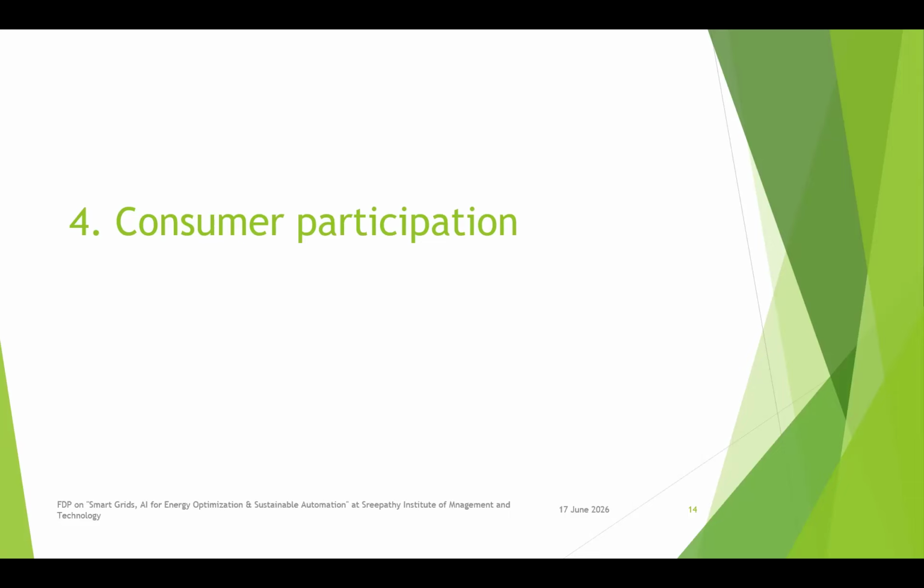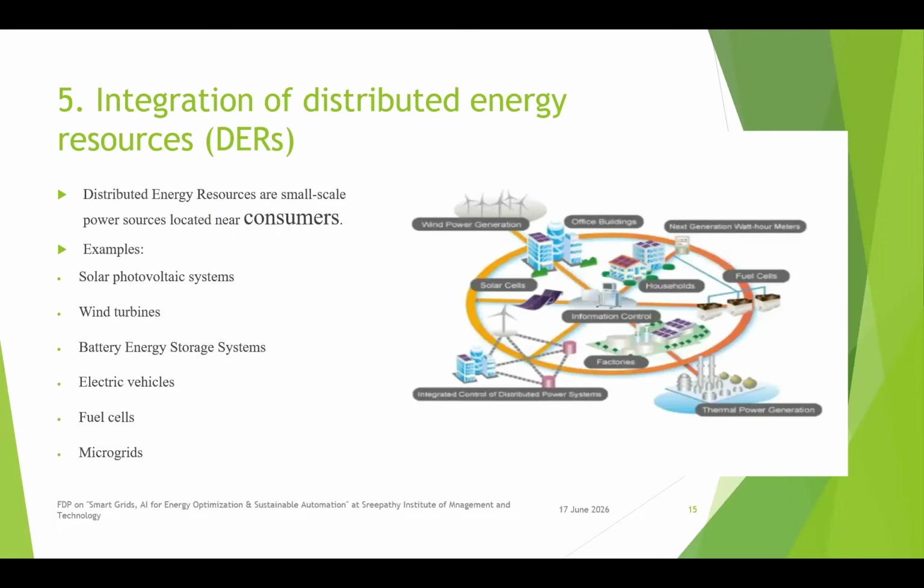As it has smart meters, it will provide continuous real-time information. Energy can be optimized by smart grids. Based on the demand, we can have the electricity, and the consumer's response can also be notified. So this is how consumer participation works.